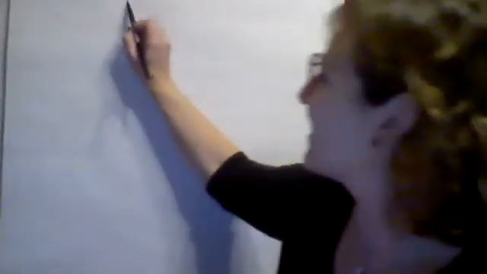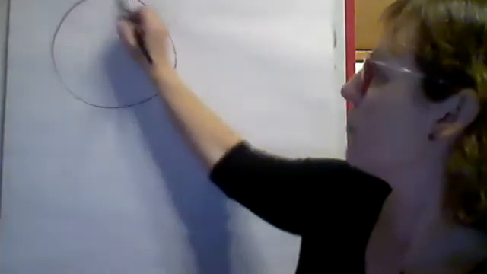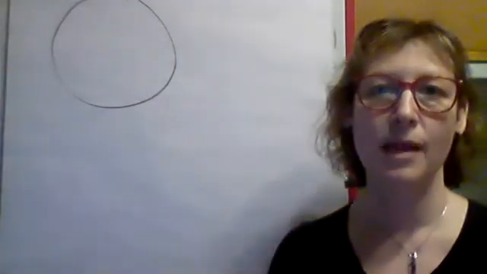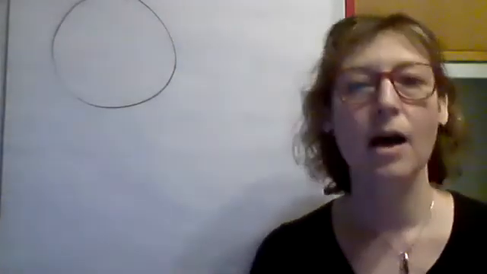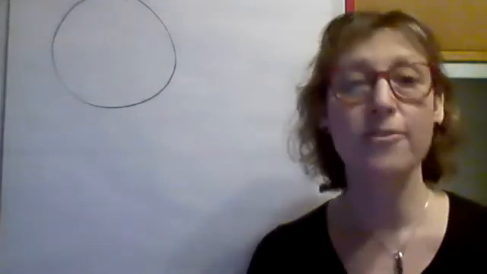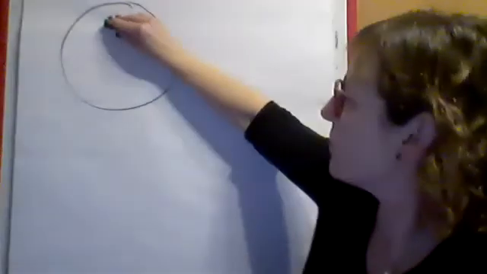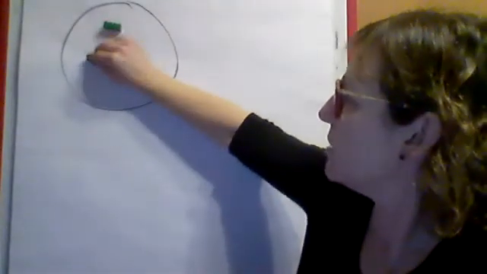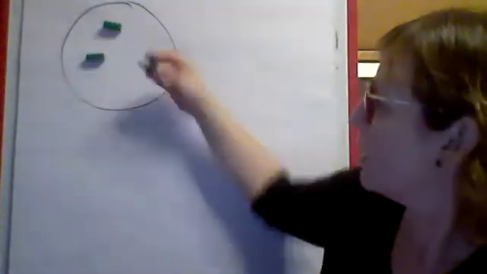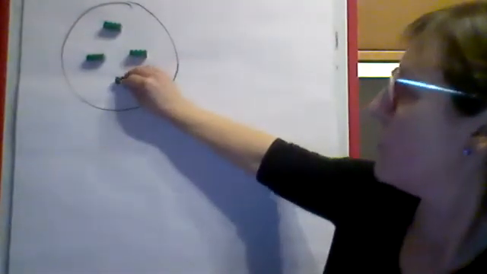So I'm going to draw a group. There's my group. And in my group, I am going to put 4 objects. 1, 2, 3, 4.